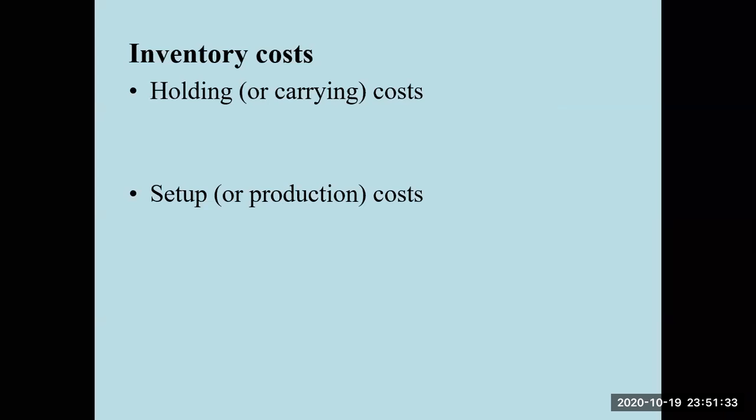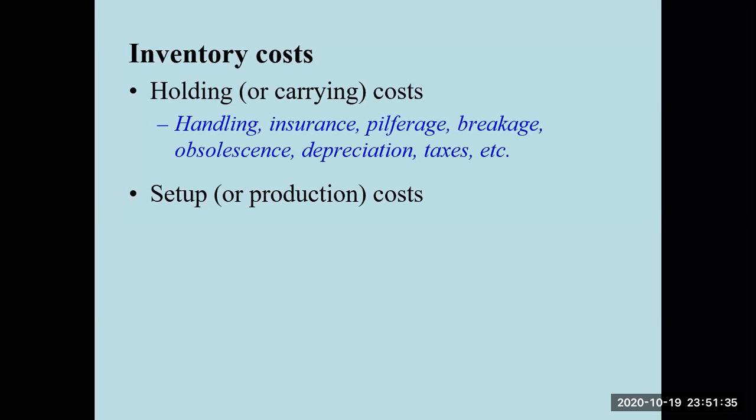Inventory cost: holding cost, or carrying cost. If there is inventory, then they have costs, such as handling cost, insurance cost, security cost, brokerage cost, and so on. And then setup cost.